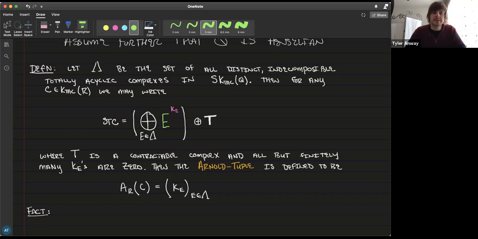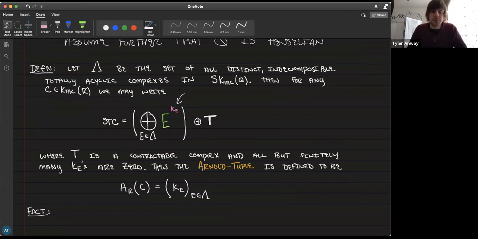So in this summand, T is a contractible complex, and all but finitely many of these powers must be 0, right? And that's because totally acyclic complexes have finitely generated projective modules, right? So we shouldn't be able to have infinitely many non-zero powers.